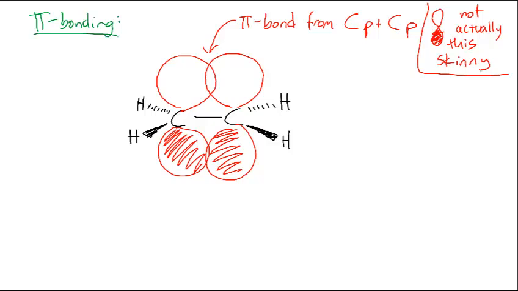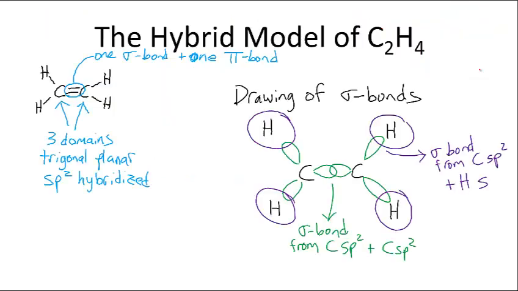Outstanding question. So the question is, the way I drew it, it looks like the sigma bond has more overlap between the two orbitals than the pi bond does. And does that mean it's stronger? And the answer is definitively yes.